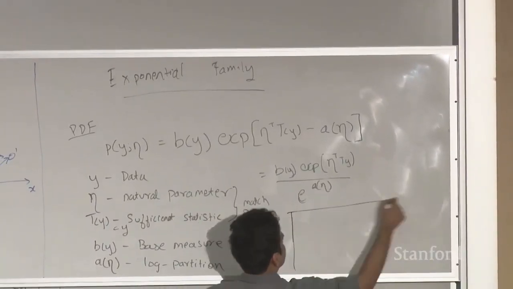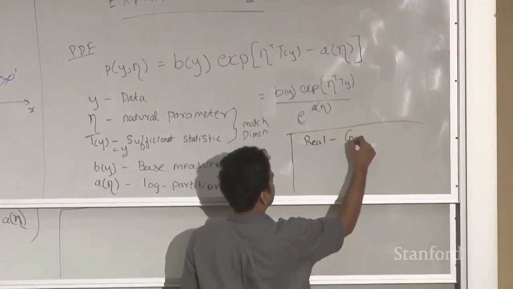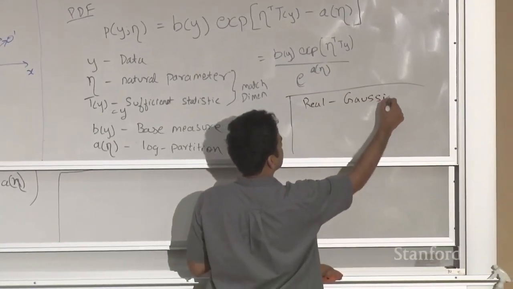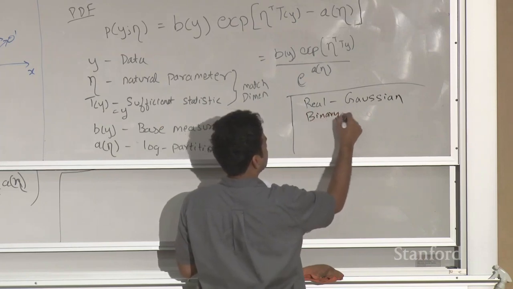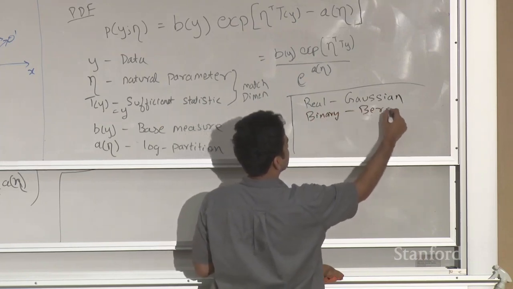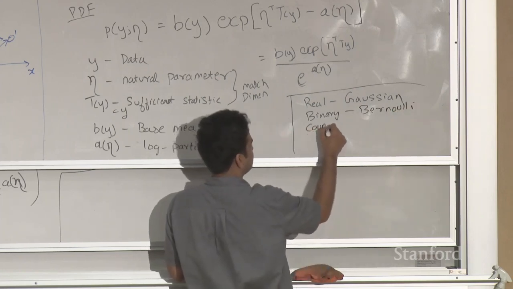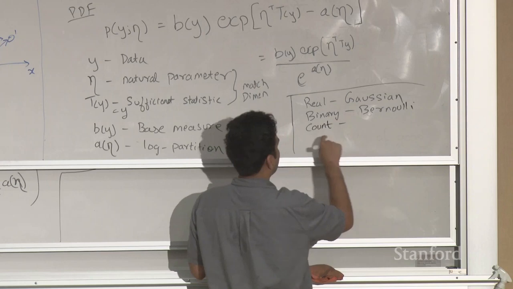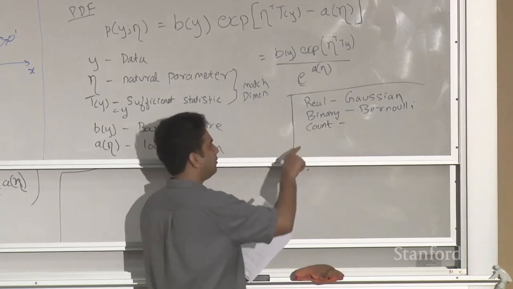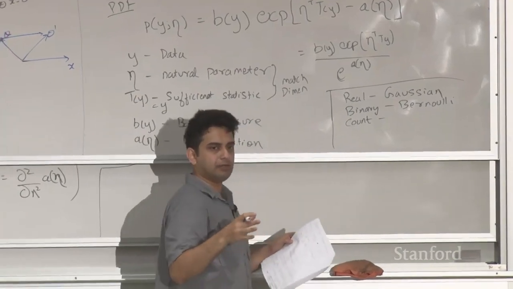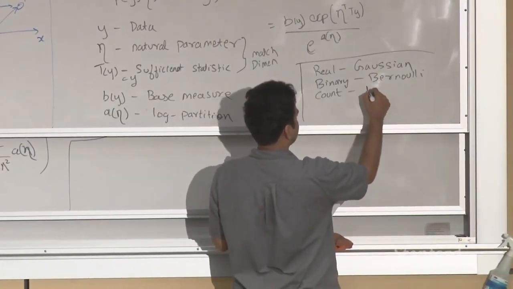If you have real valued data, you use a Gaussian. If you have binary, you have Bernoulli. If you have counts, by counts it means just non-negative integers, but not anything in between, you can use a Poisson.